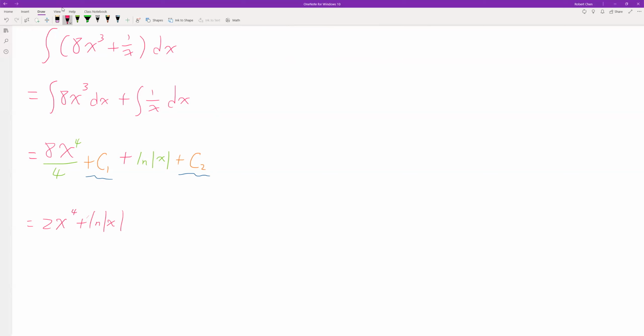I'm just going to call that overall some constant C. Okay. So each indefinite integral will give you a constant. And at the end, we can actually combine all those constants together and just call it C. We don't have to write out C1 plus C2 plus C3, right? Depending on how many indefinite integrals you have. You can add everything together and combine it and call it just a plus capital C. Okay. All right, let's do another one.